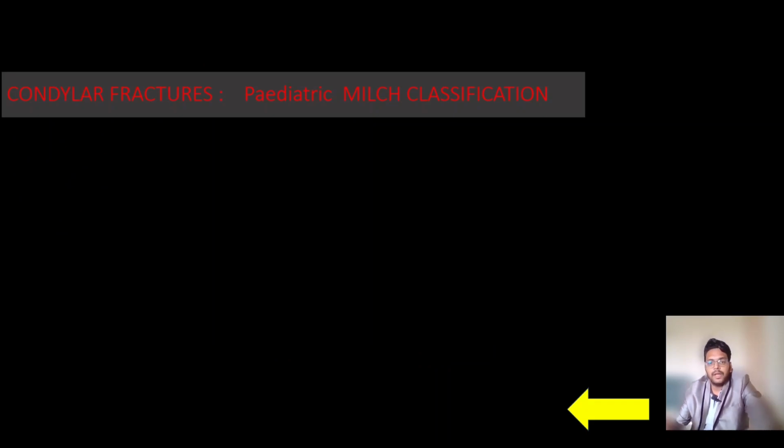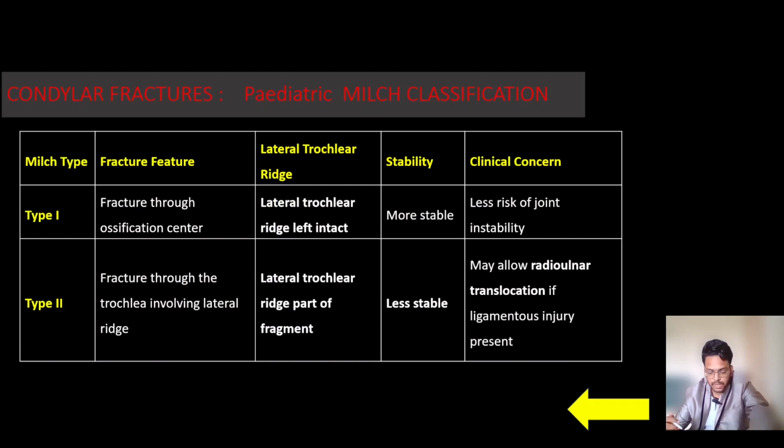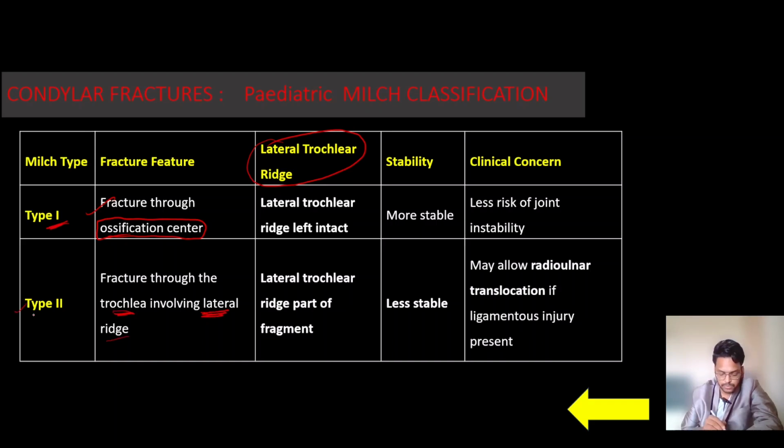Coming to pediatric classifications, the same pediatric Milch classification. Here also it is similar, we are talking about the lateral trochlear ridge, but in addition to that, in pediatrics we have the ossification centers. If the fracture is going through the ossification center, it is type 1, and if the fracture is through the trochlea involving the lateral ridge, type 2.